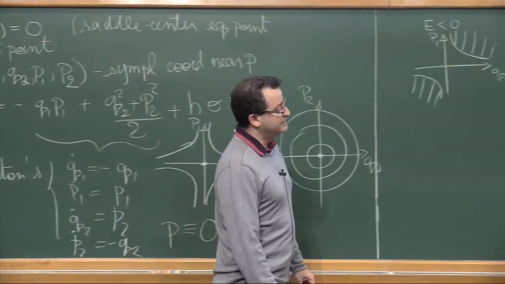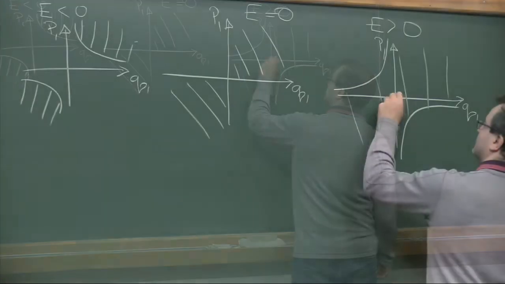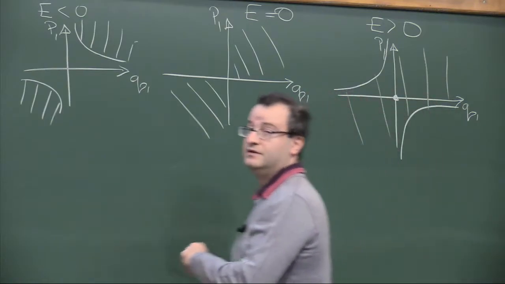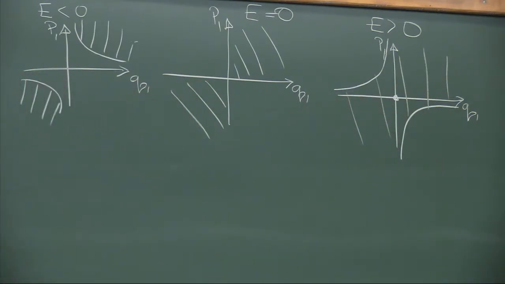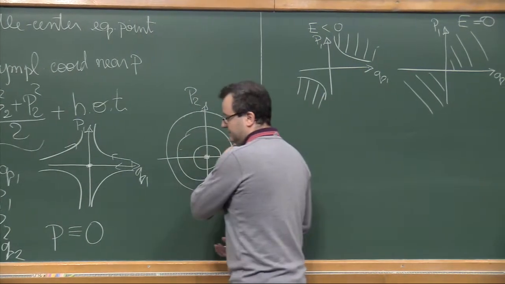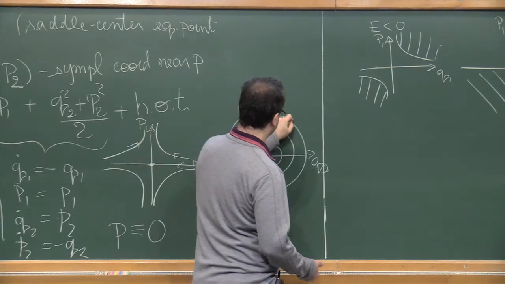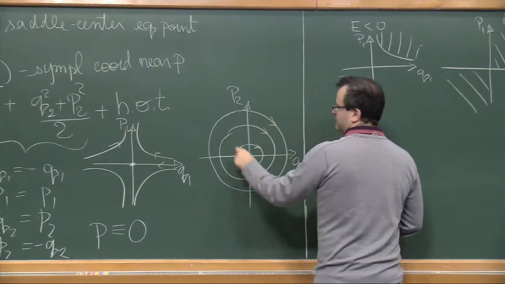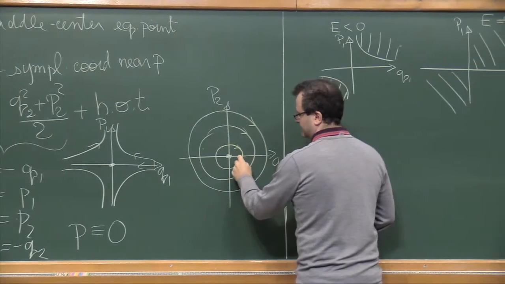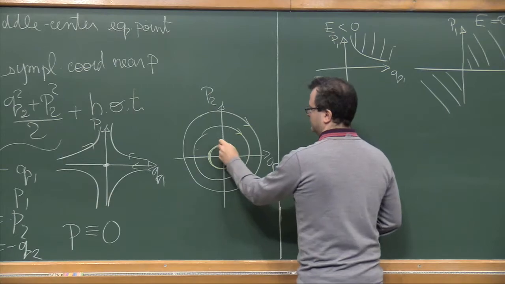So for energies above 0, we have this point here. And this point corresponds to a periodic orbit that we can see in this other plane, which is like that. So for each value of the energy, there is a periodic orbit that we see here.